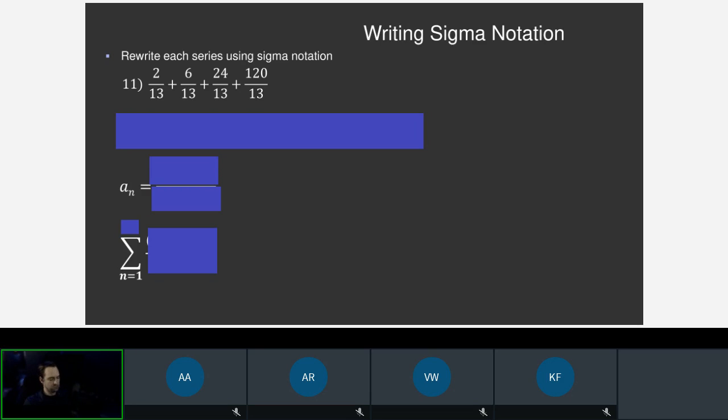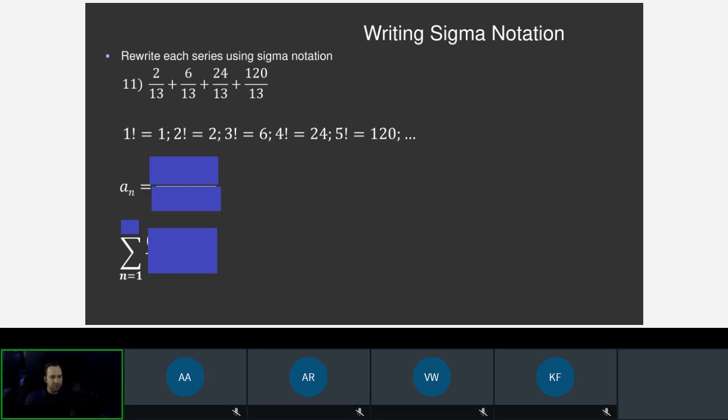So factorials. 1 factorial is just 1. 2 factorial is 2 times 1, which is 2. 3 factorial is 3 times 2 times 1, which is 6. 4 factorial is 4 times 3 times 2 times 1. 5 factorial is 5 times 4 times 3 times 2 times 1. So if on your assignments or test you see a pattern that goes 2, 6, 24, 120, that is a giveaway.